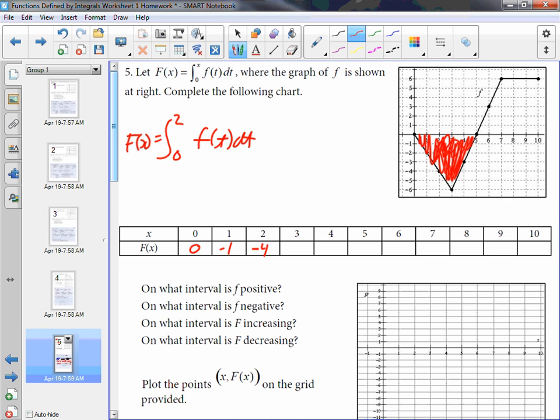When the derivative is negative, the function is decreasing. So when little f is negative from 0 to 5, capital F is decreasing. Then from 5 on, little f is positive, which means the function it's the derivative of is increasing. That always goes together, right? Negative derivative, function decreasing. Positive derivative, function increasing.